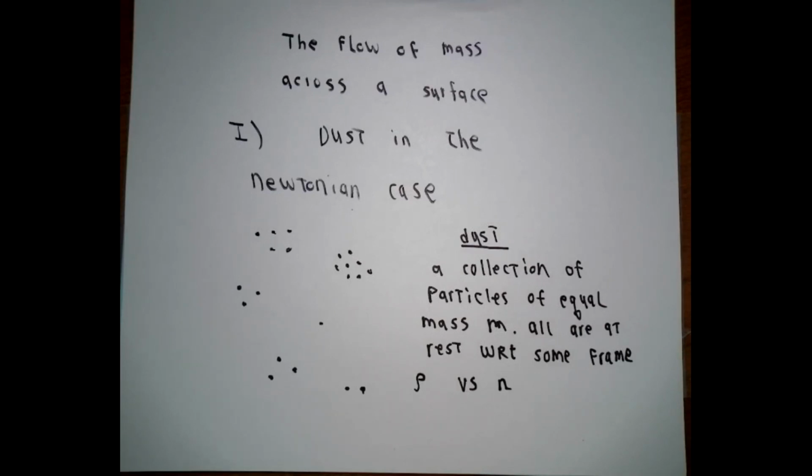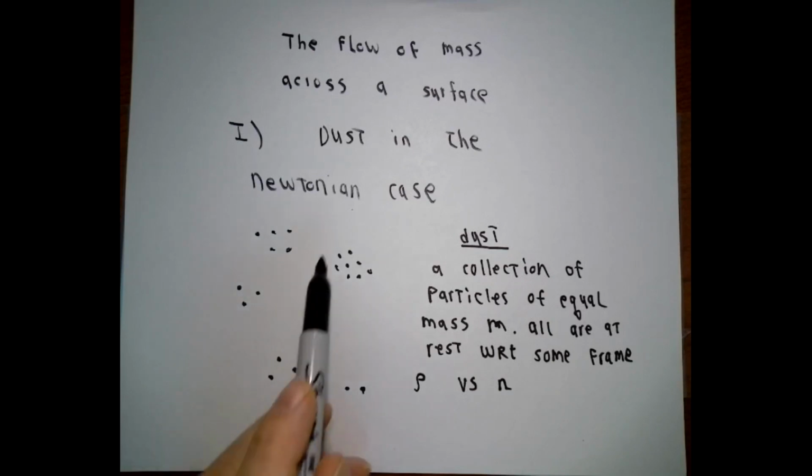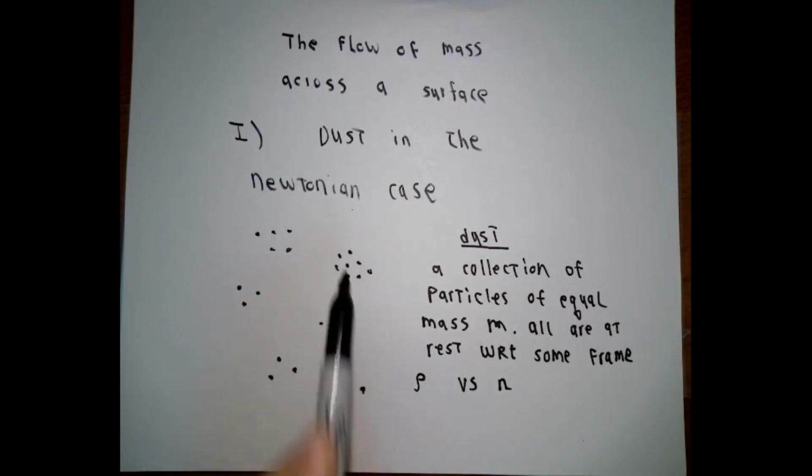It is the number of particles per cubic meter, or whatever units we're using. The particle density, even though these particles are at rest with respect to each other, can change from point to point. For instance, here the particle density is very low, but here it's bigger.